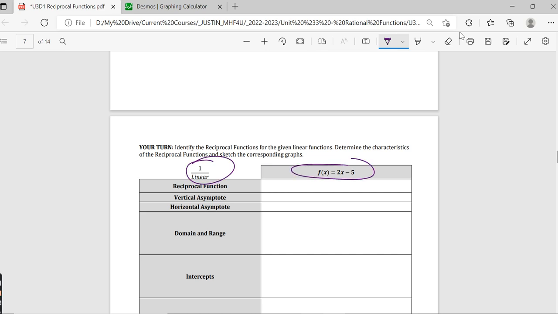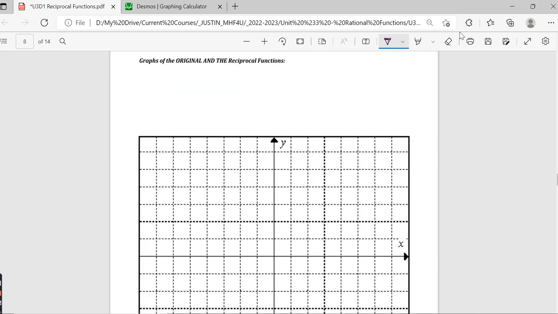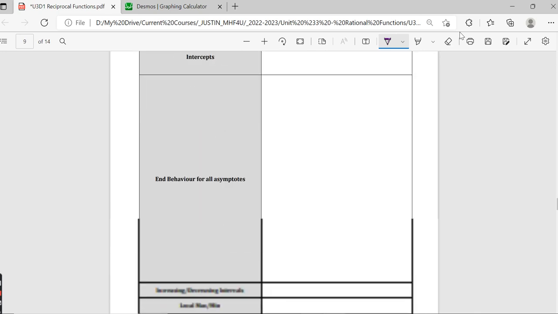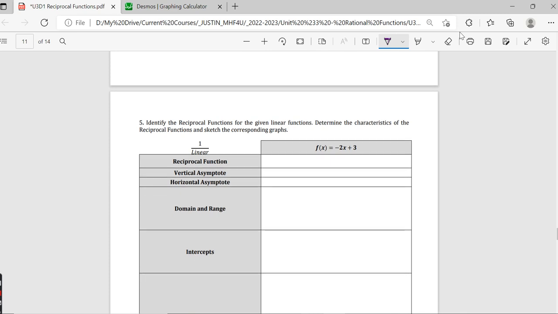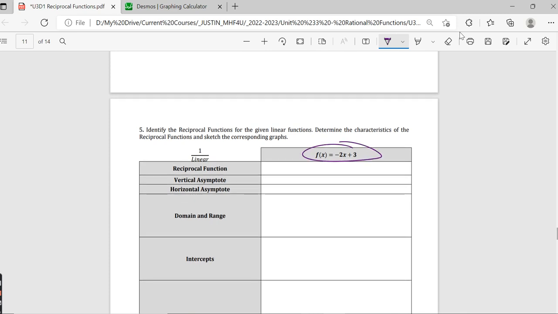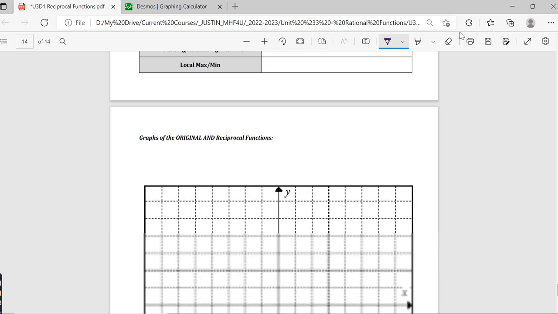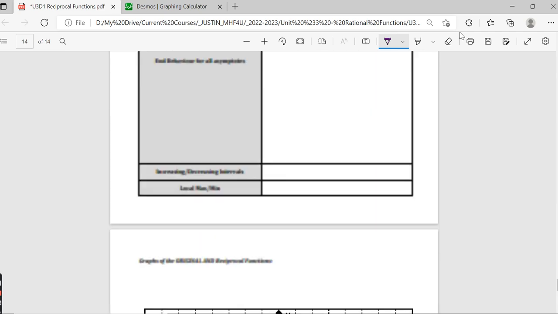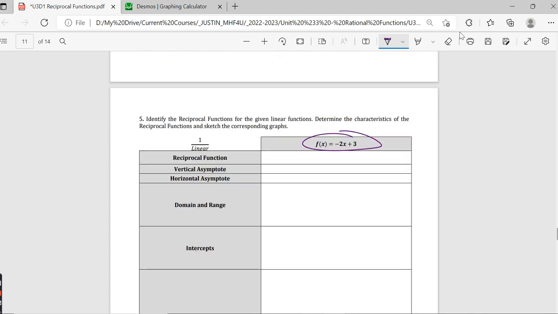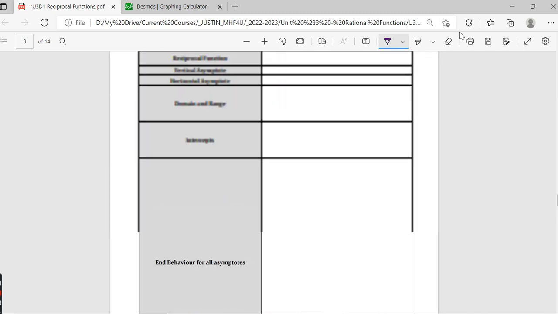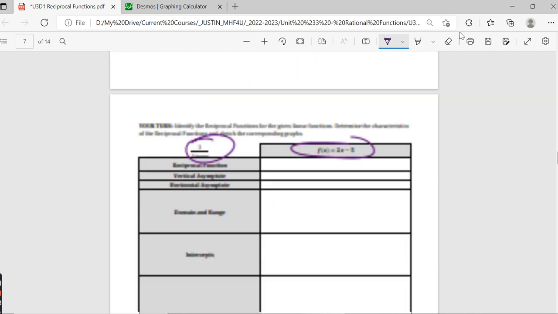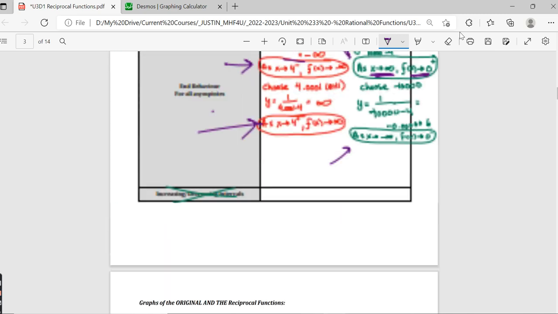For example, that's a linear function, and then sketch it. Here's a quadratic, don't do that one. Here's another linear, so you can do this one. That's a quadratic, so skip it. So there's just a couple linear ones there, and after doing those 2 linear ones, if you feel confident that you can tackle the quadratic, give it a shot.